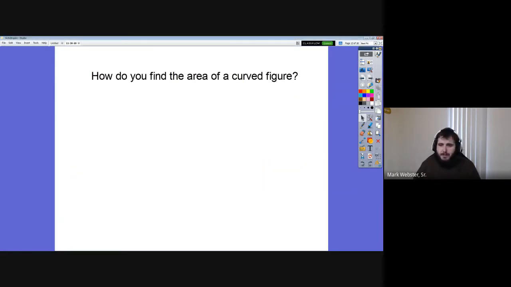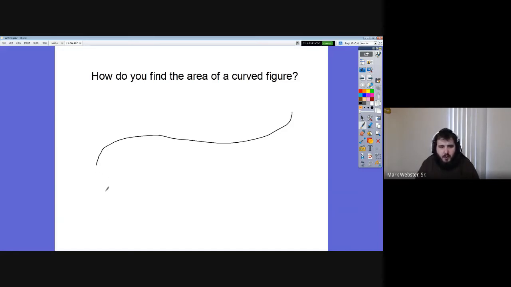Let me just draw a thing. There we go. So we can just draw a thing, right? Let's say we've got this, and I want to find the area underneath this curve.